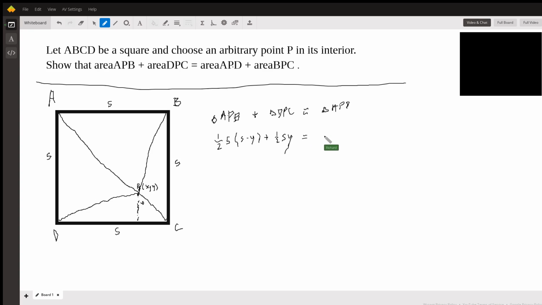So let's calculate that area, APD. APD is on the left, so the base is S. And the height, you can see from here to here is going to be X. And the last triangle, BPC.